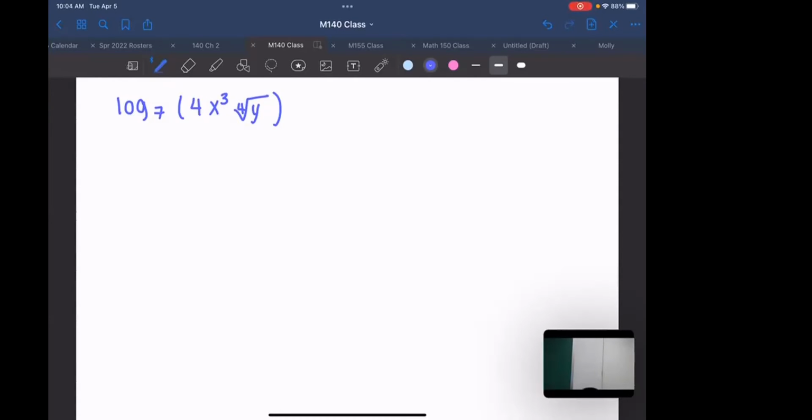What should I do first based on the last example that we did? Do we deal with the multiplication going on, or do we deal with the exponents first? The multiplication, right? The biggest thing going on here is the multiplication.